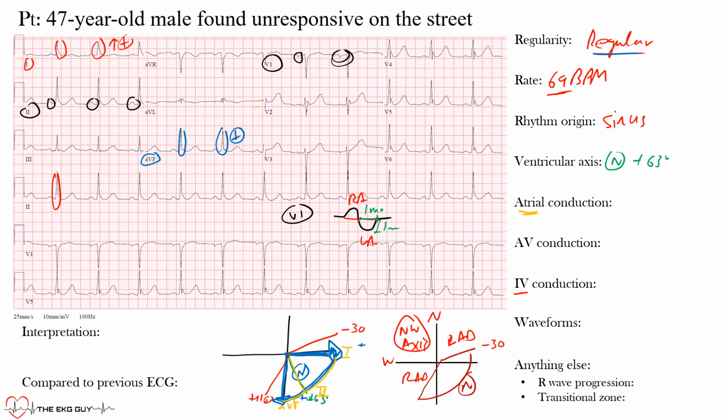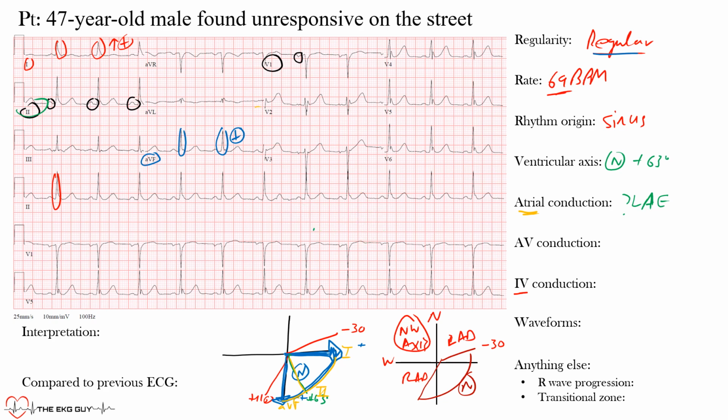And maybe you see that here, so we'll put questionable left atrial enlargement. For right atrial enlargement, it would be at least 1.5 millimeters in amplitude. Now they're different in lead 2, but we won't get into those details here. So questionable left atrial enlargement, maybe.